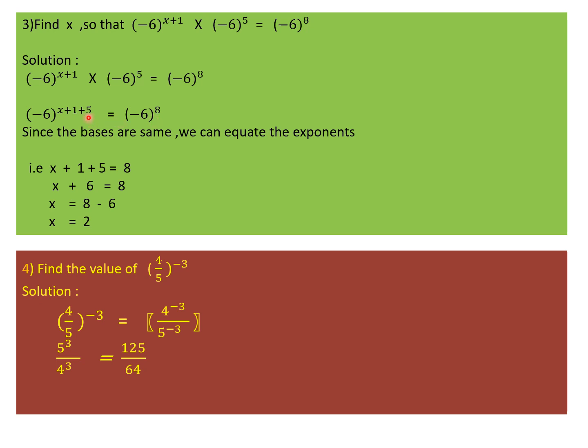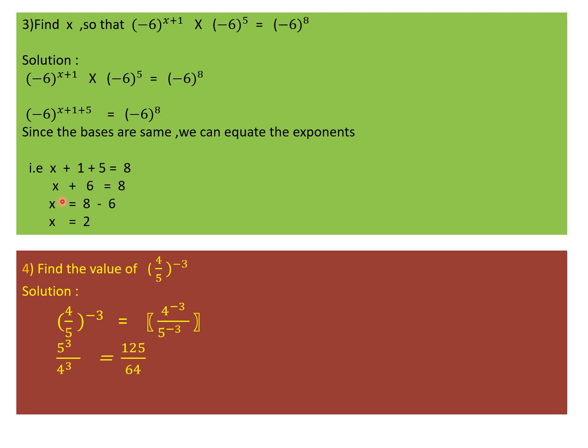I am going to equate the powers. What is the power here? x plus 1 plus 5, that I have written on the left hand side, equal to, what is the power here? 8. I have taken only the powers because the base is same. I have left the base and taken only the powers. x plus 1 plus 5 equal to 8.